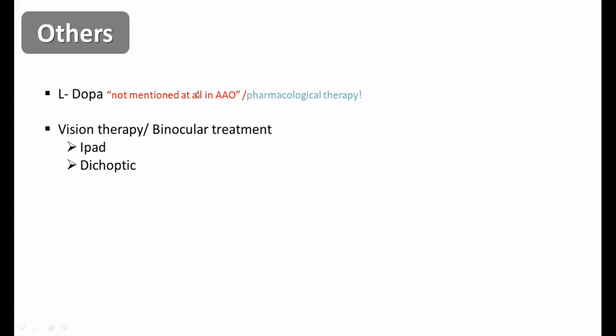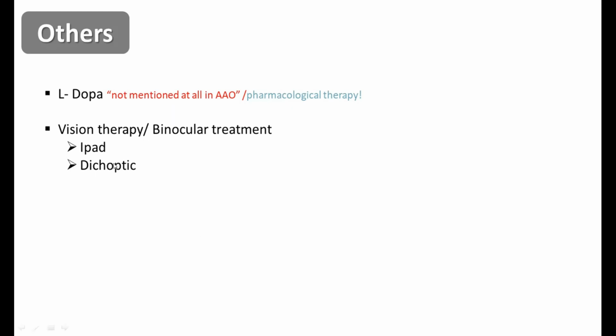By the way, this is not mentioned in the American Academy because one of the Amblyopia Treatment Studies found insignificant use of L-dopa. Personally, I use it for resistant amblyopia, and it wasn't effective. But if you Google it, you will find some papers talking about some improvement by L-dopa even in adults.